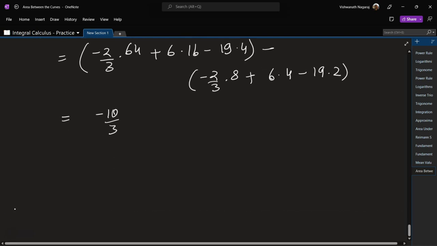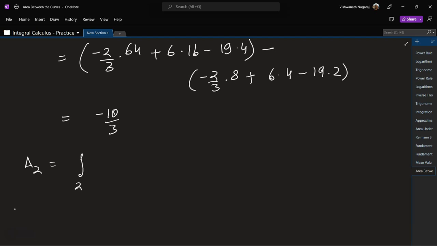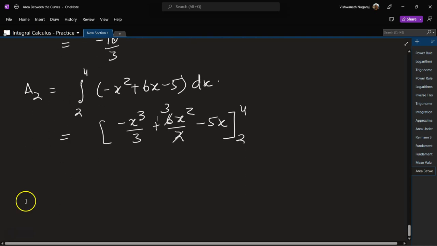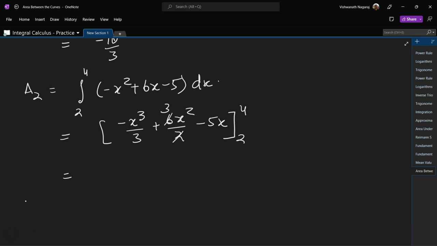Now the second area, A2. Integral from 2 to 4 of minus x square plus 6x minus 5 dx, which gives us minus x cube by 3 plus 6x square by 2 minus 5x from 2 to 4. Now let's again do the substitutions.